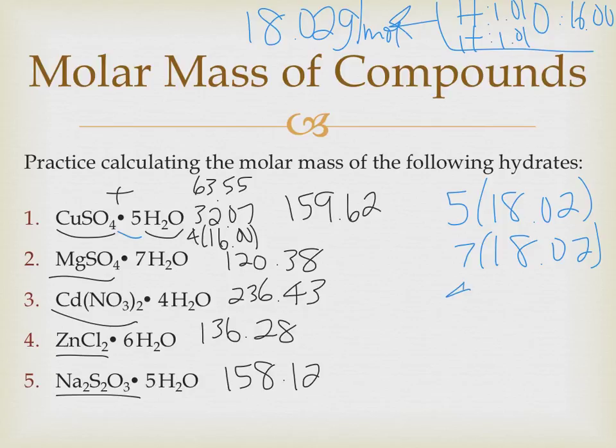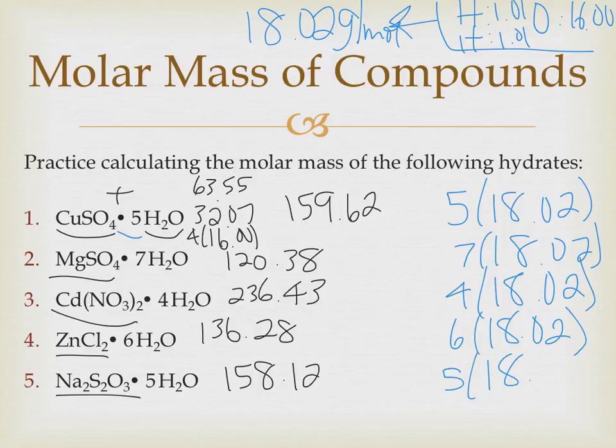Number 3, 4 times 18.02. Number 4, 6 times water. And number 5 is 5. And then the last step is to just add them together.